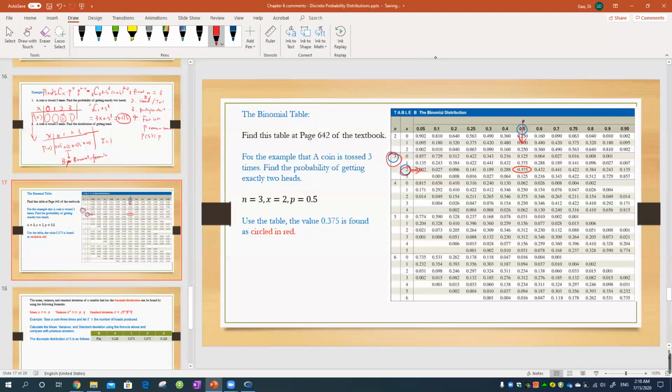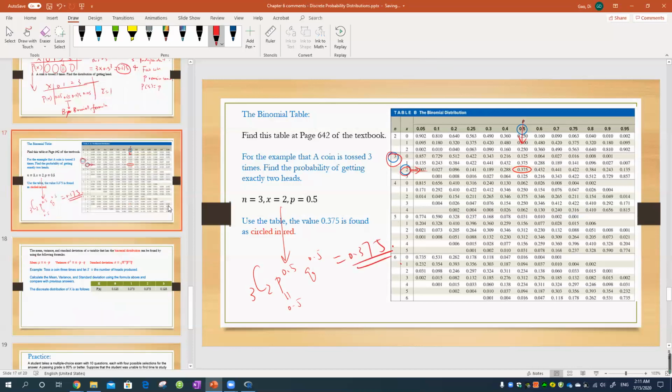So this row and then the 0.5 column, we can circle that. The value is 0.375. So this tells us 3 choose 2, p to the 2, q to the 1, when p equals 0.5, that is 0.375. We can just check the table.